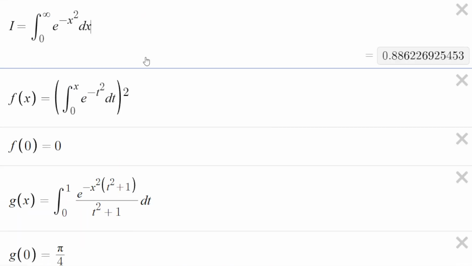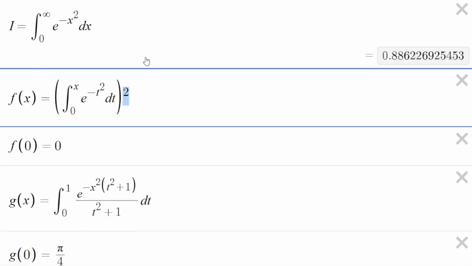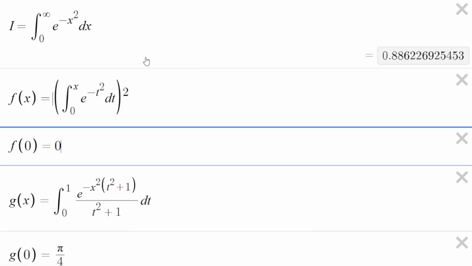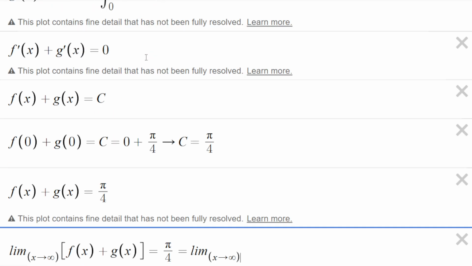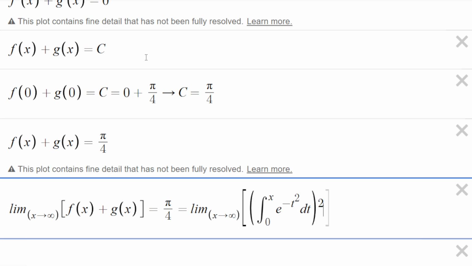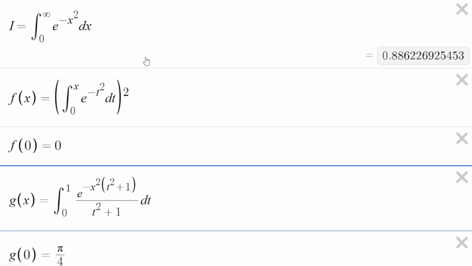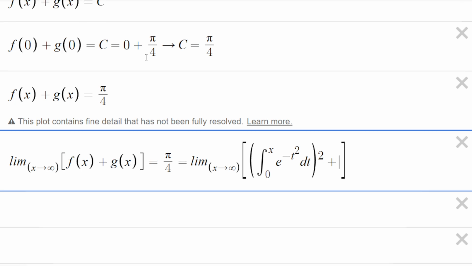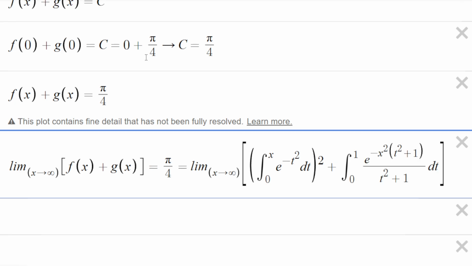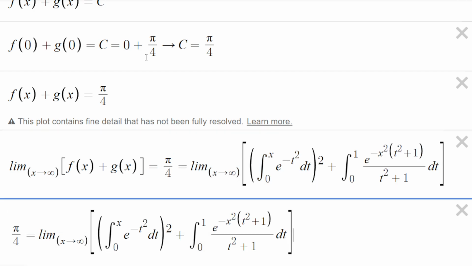And I'll go all the way up here and copy them in. So, of f of x plus our original g of x is this. So that means that pi over 4 is equal to what we get when we evaluate this limit.